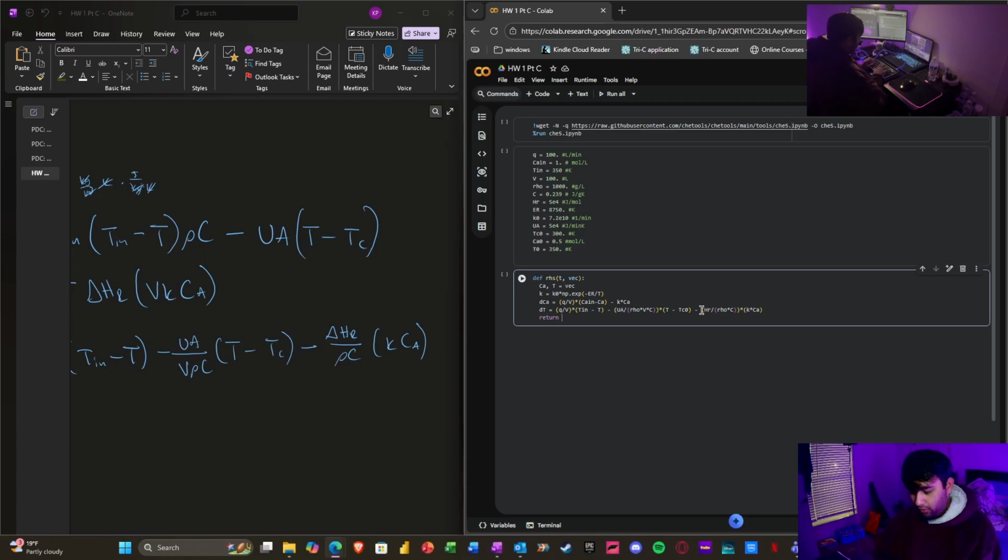And then we're going to return our DCA and DT values, since that's what we're looking for. And I'm just going to try and run all real quick, see if it all pans out.